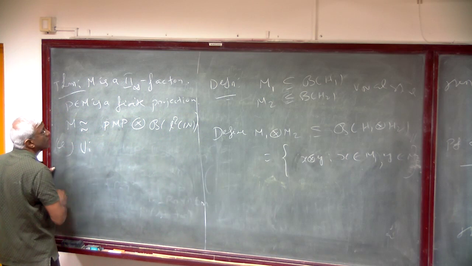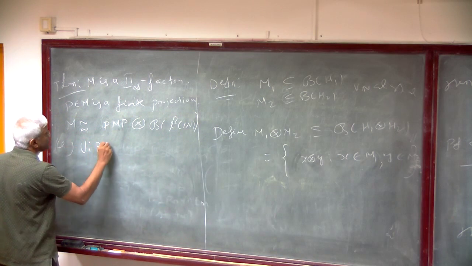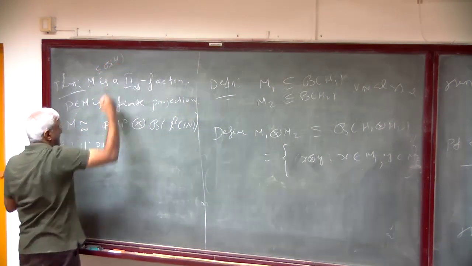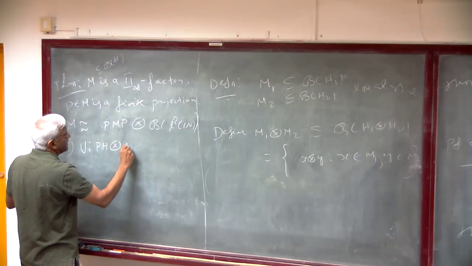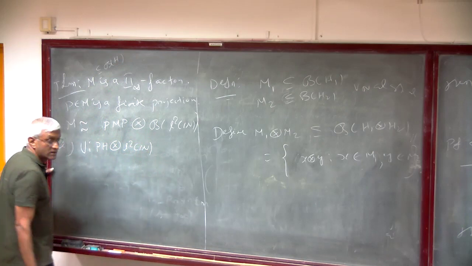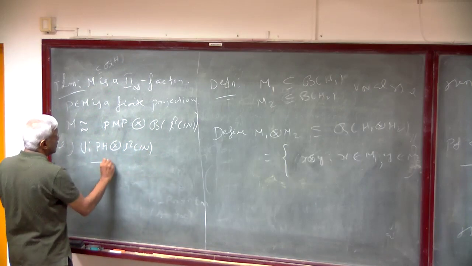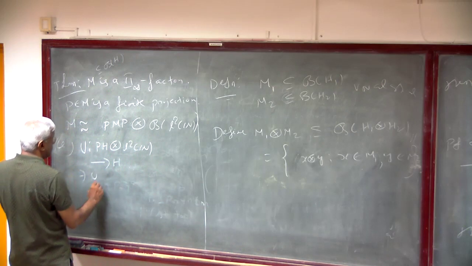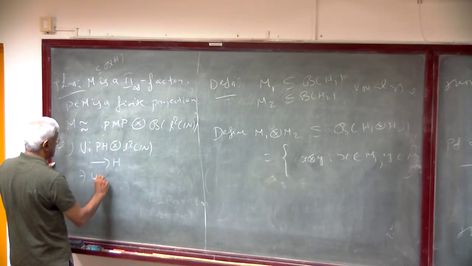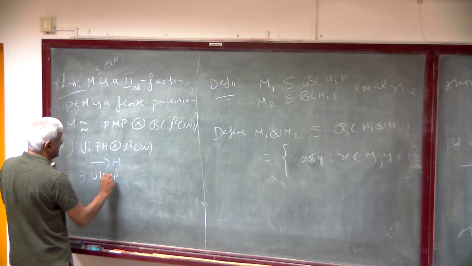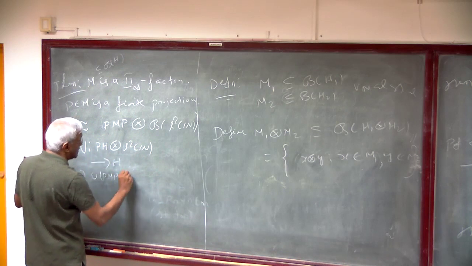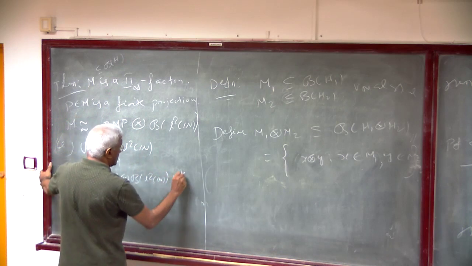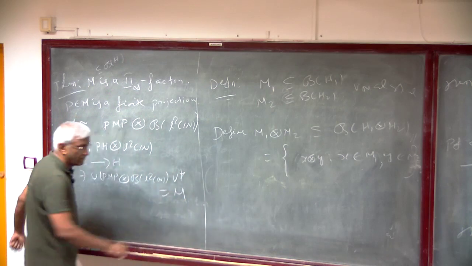There exists a U from PH tensor L2N, these are Hilbert spaces, to H, such that U of PMP tensor B of L2N, U star is equal to M.